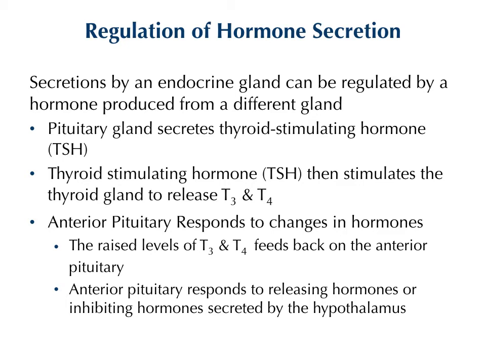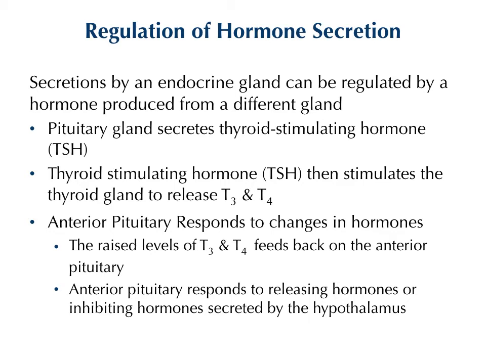Another level of homeostatic regulation occurs when secretion by an endocrine gland is regulated by a hormone produced from another gland. For example, the pituitary gland, specifically the anterior pituitary, will produce the thyroid stimulating hormone, TSH, that we just talked about.